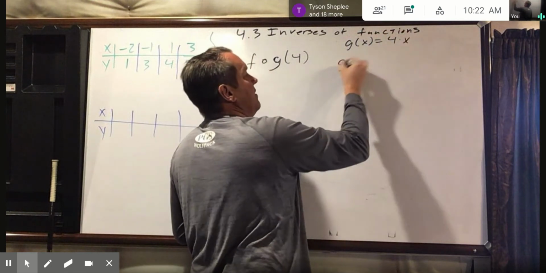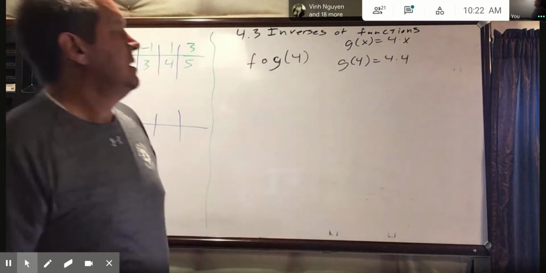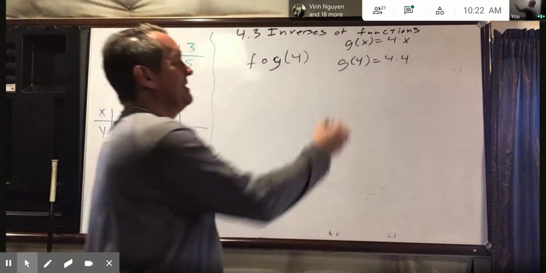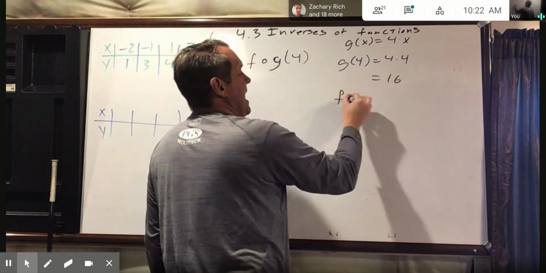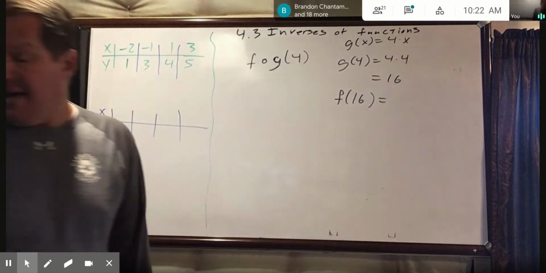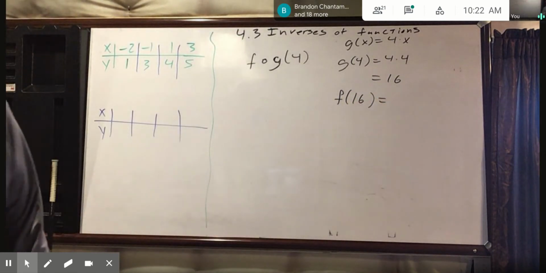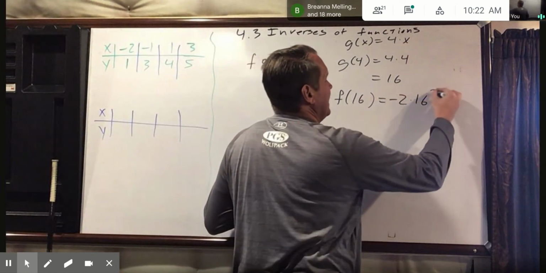So g of 4 equals 4 times 4, which is 16. And then I will take that and plug it into my f function. My f function is -2x squared plus 3. So I'll go -2 times 16 squared plus 3.